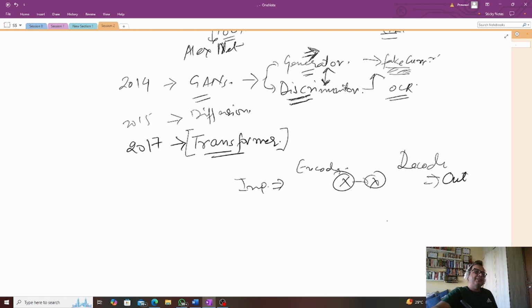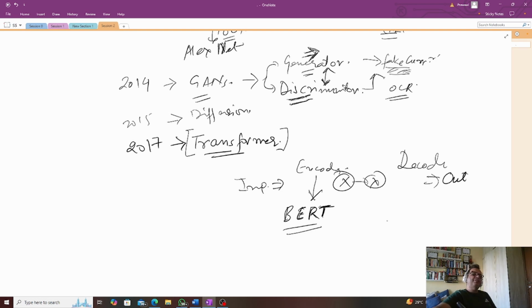There are various kinds of transformers. There can be transformers with only encoders, and these can be your BERT models, or any form of contextual text embeddings that are there in the open market. So those are encoder models.